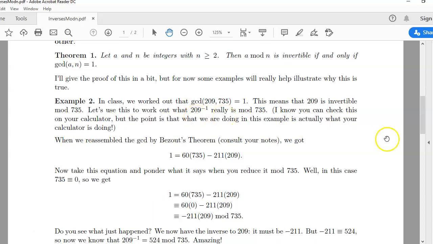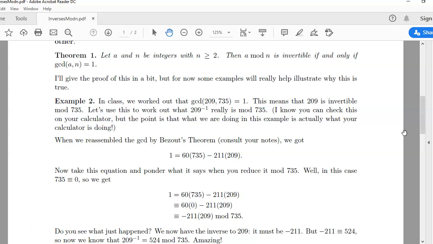I fully understand that you can take your modular calculator, punch in 735 as the modulus, then punch in 209 and ask your calculator to invert it and get the answer. That's cool, but the point of this is we are learning what the calculator is actually doing. The calculator is executing some algorithm to find the inverse of 209, and we are learning what that is, okay?